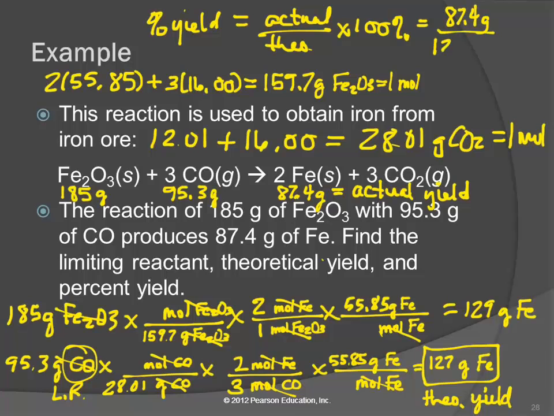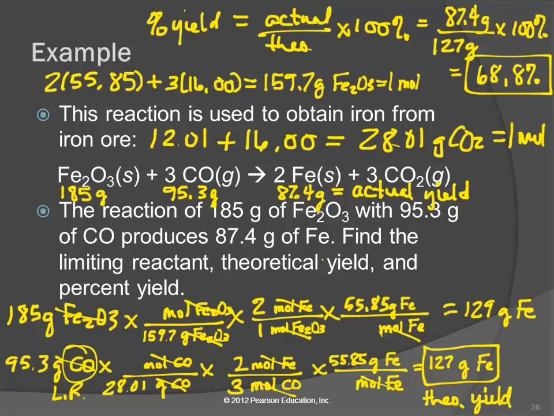The theoretical yield is 127 grams, times 100%. 87.4 divided by 127 times 100. And that's 68.8%.